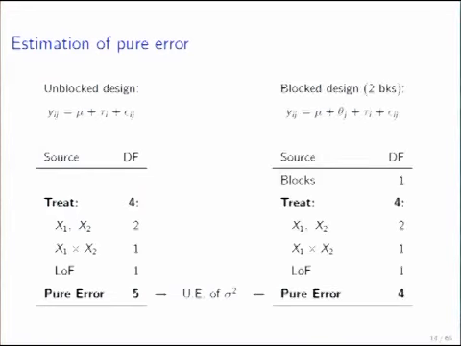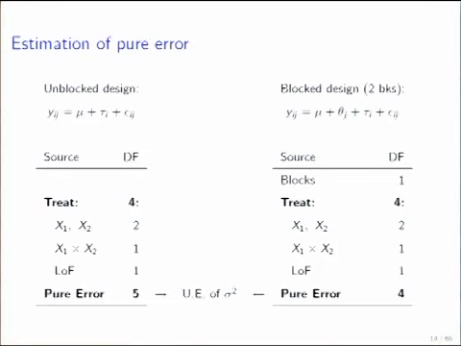If the design is blocked, the obvious blocking, 2 blocks of size 5, we then get this decomposition of degrees of freedom. 1 degree of freedom from pure error is used for blocking.